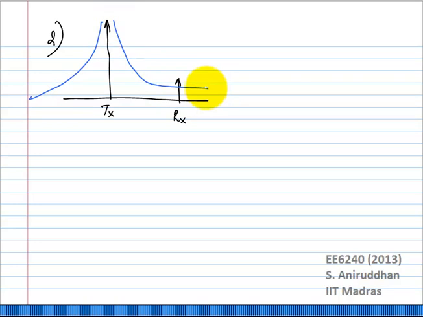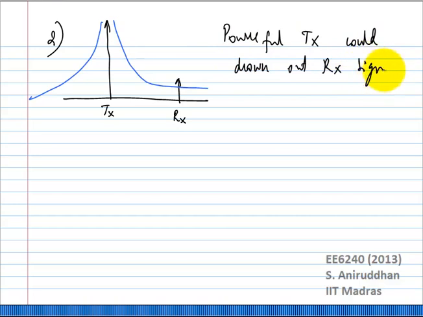The phase noise sidebands of the transmitter could completely drown out your received signal. So this is another effect of phase noise. In the presence of phase noise, a powerful TX could completely drown out your own receiver. You could also drown out somebody else's receiver. Both of these are possible.